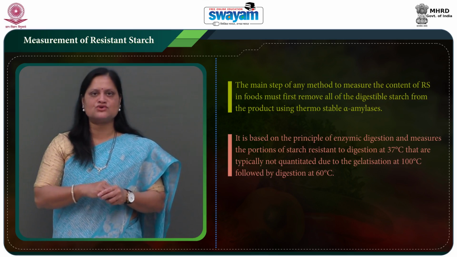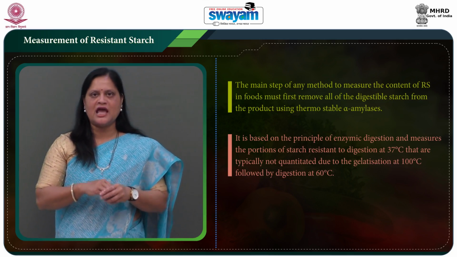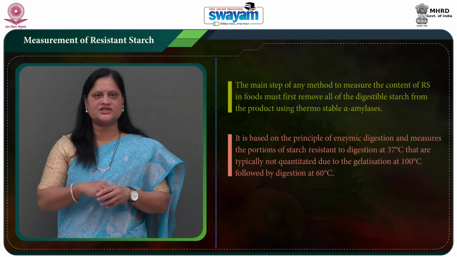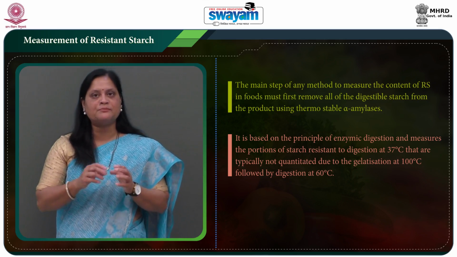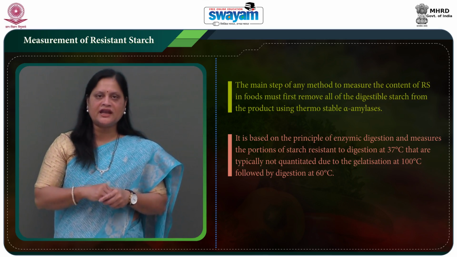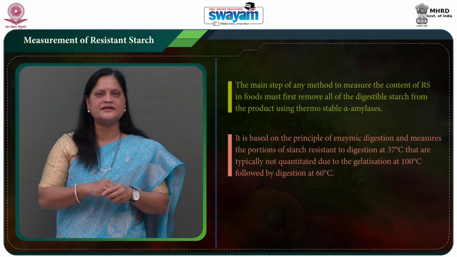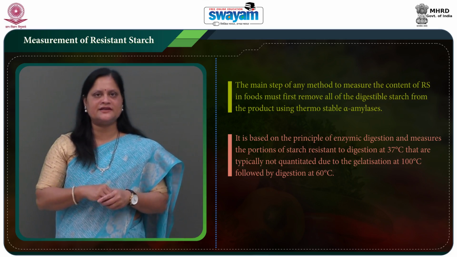It is based on the principle of enzymatic digestion and measures the portion of starch resistant to digestion at 37 degrees centigrade, that is typically not quantified due to gelatinization at 100 degrees centigrade followed by digestion at 60 degrees centigrade.